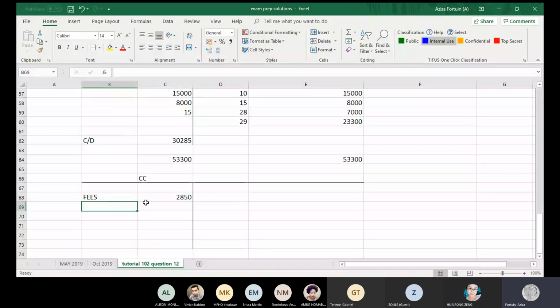No, but 2850 was the fees. So we have to add our 2850, our sheriff and our tracing fees. Okay, that's correct.